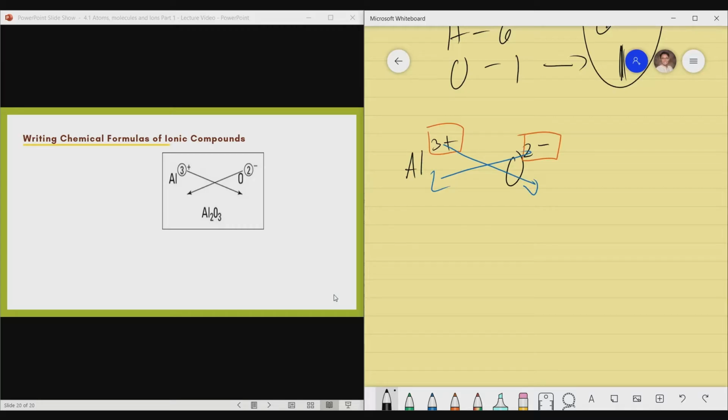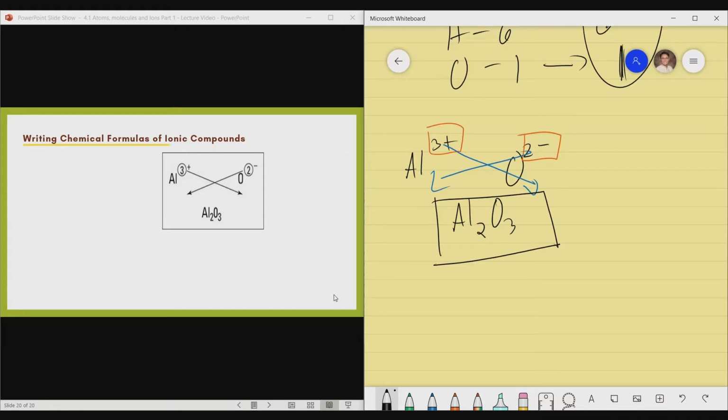Yung 3 plus ni aluminum, pupunta lang sa subscript ni oxygen. Galing sila sa mga superscript ng bawat isa, nilipat lang. So, this will be aluminum 2, oxygen 3. This is the final answer.